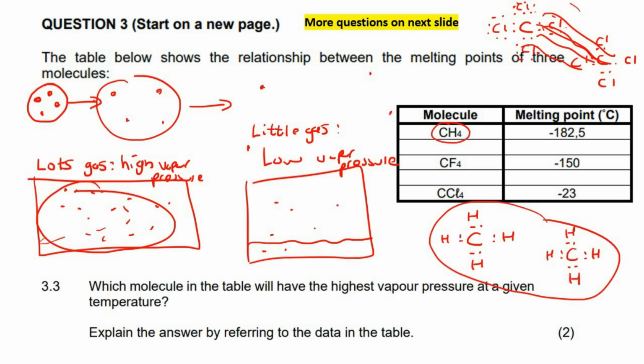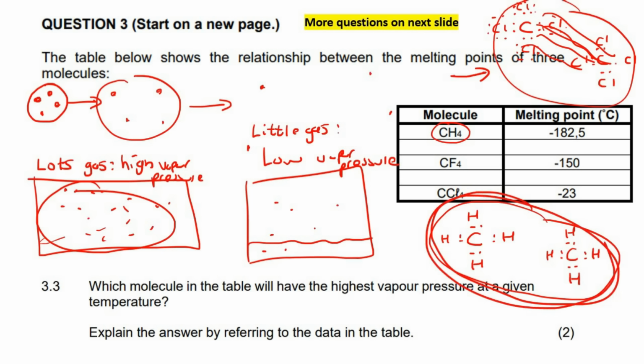Whereas these ones over here are difficult to separate, so most of them are going to be in the solid or in the liquid phase at a certain temperature, if that makes sense. So you would expect the vapor pressure of this one to be more because there will be more gas at a specific temperature than of this one.